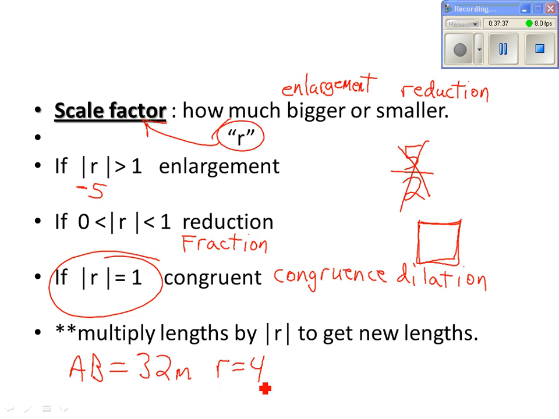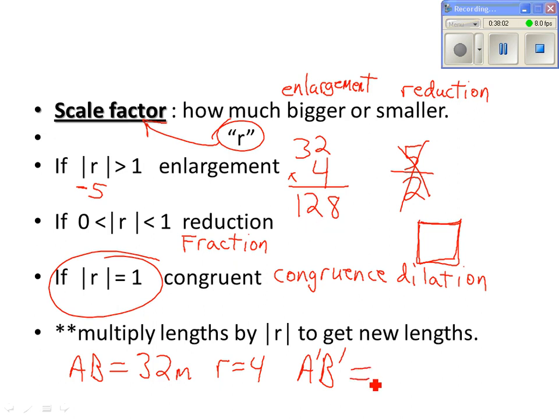All you do to come up with the new length for the new segment A prime, B prime, is multiply the scale factor times the length of the original. So in this case, it'd just be 4 times 32. What's 2 times 4? 4 times 3?